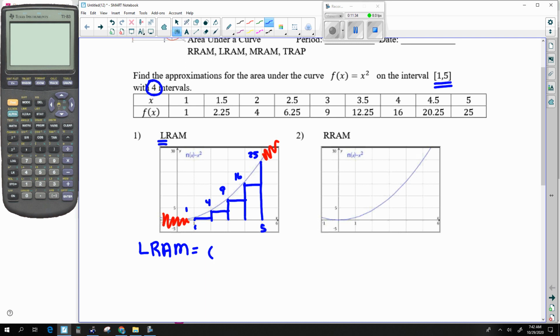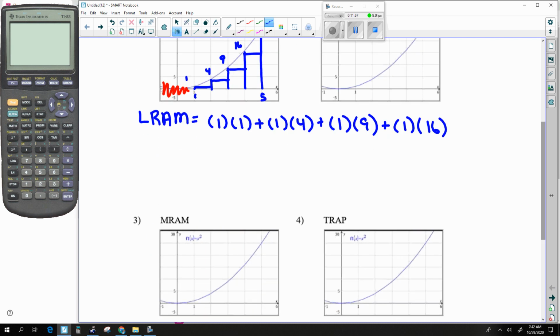The first one has a base of 1 and a height of 1. The second has a base of 1 and a height of 4. The third has a base of 1 and a height of 9. And the fourth subinterval has a base of 1 and a height of 16.